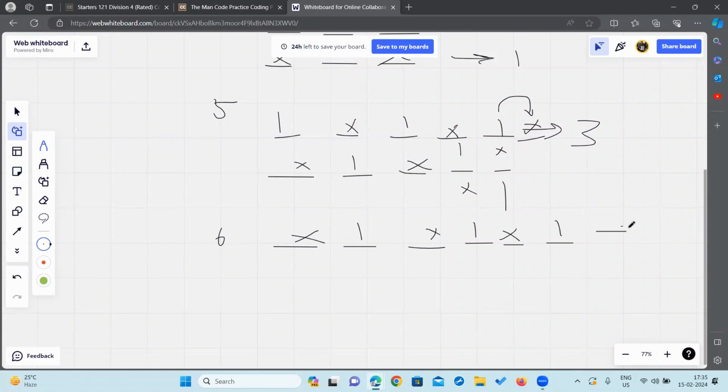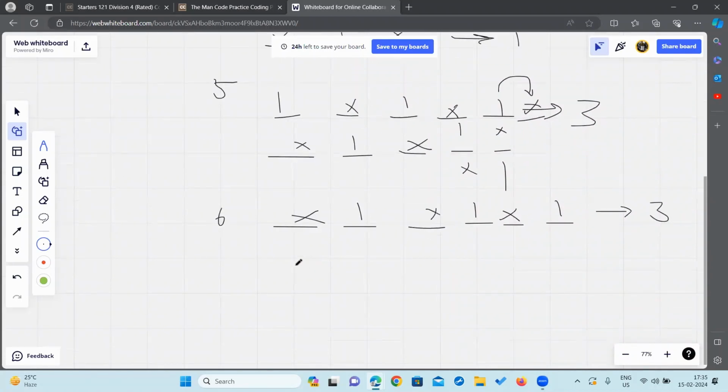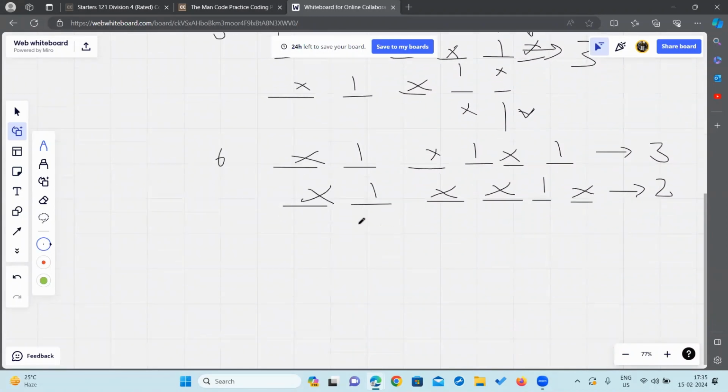This will give us the minimum as 3. Whereas if we consider the one below, this will give us the result as 2. So this one is better. It gives a minimum of 2.